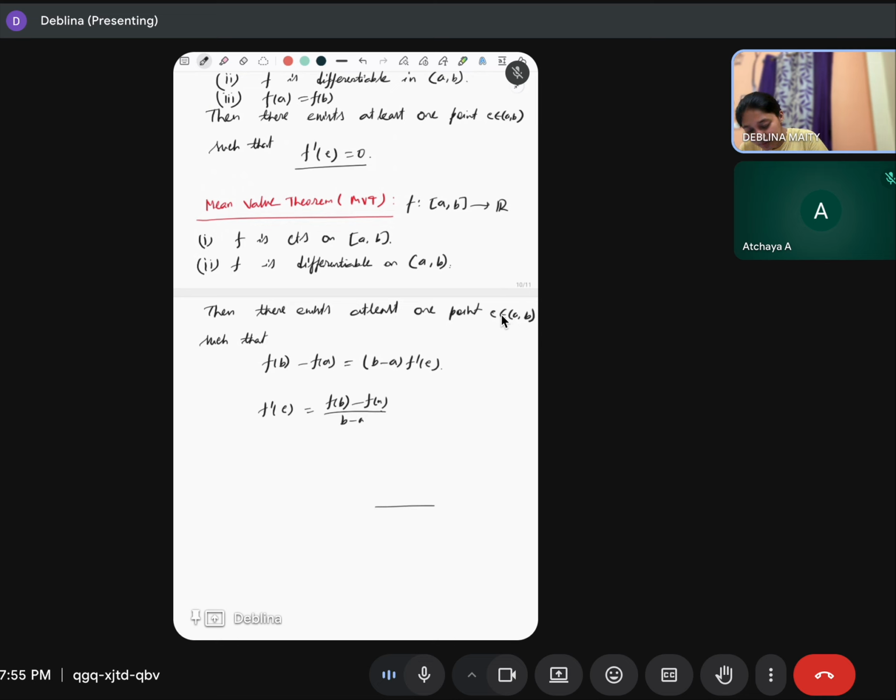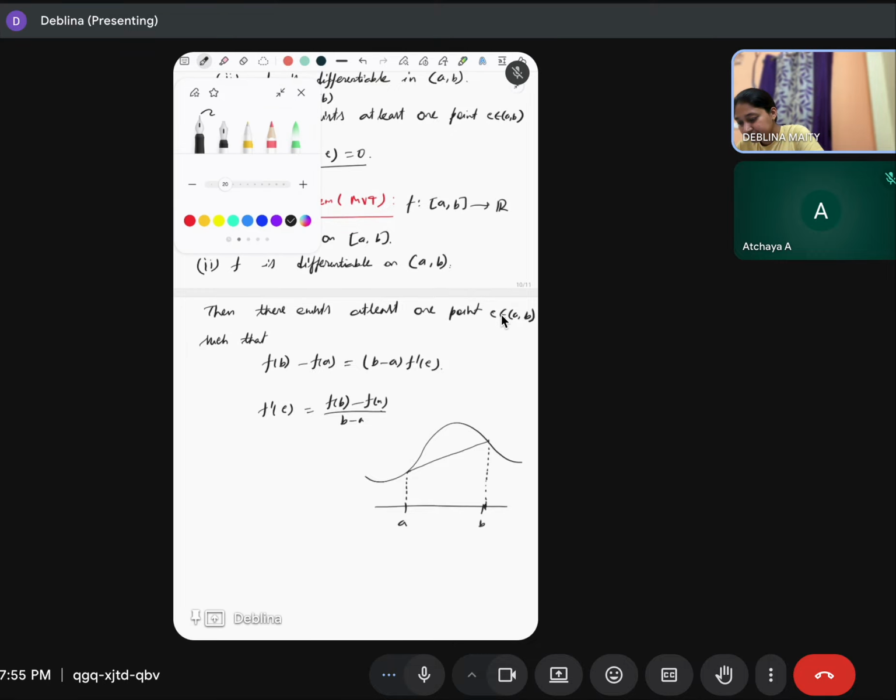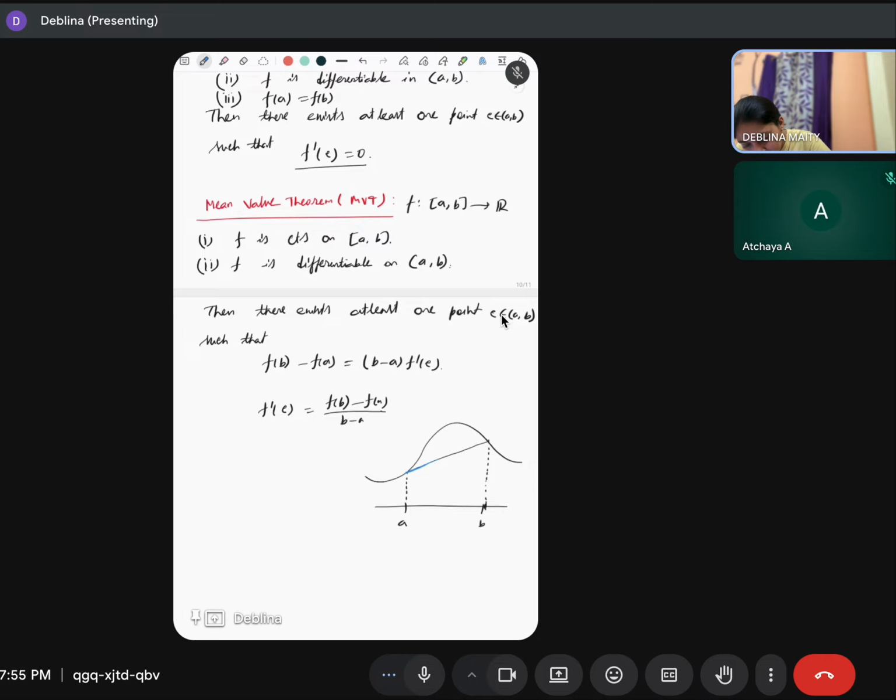Okay, so if this is our AB and this is some graph, see this line segment. This point is A, f A and this point is B, f B, right?